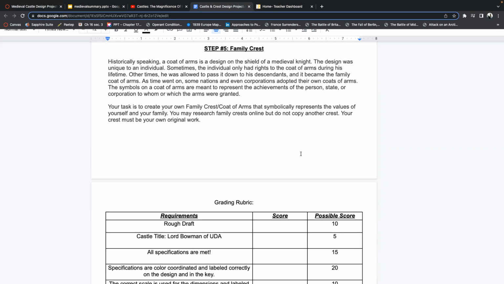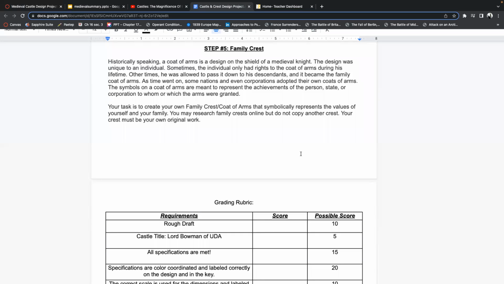The coat of arms is a design on the shield of the people. The design is unique to the person, sometimes related to the coat of arms. Other times, it's allowed to be passed down in the family coat of arms. In modern times, some nations and even corporations adopt their own coats of arms.